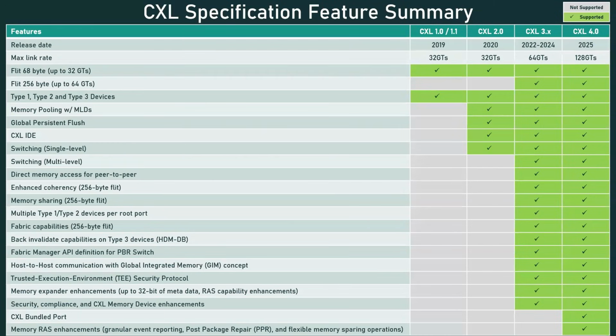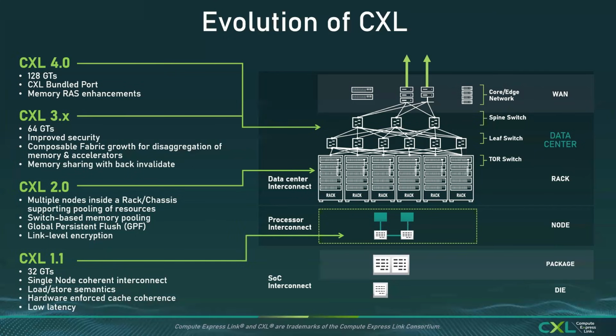This is sort of summarizing how the CXL spec has been moving along. In the interest of time, I will skip this slide, but you can see the CXL bundled port and memory enhancements were 2 things that were added at CXL 4.0, along with this new speed. Again, Debendra has covered this really well.